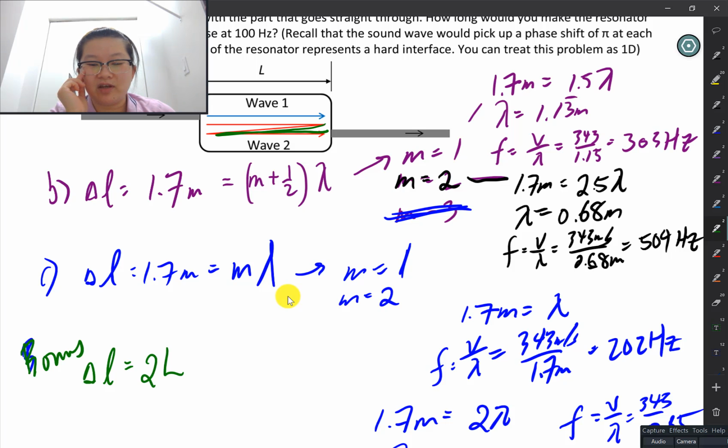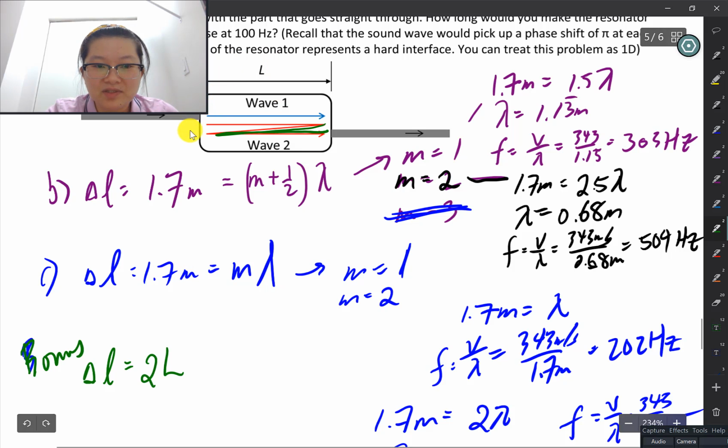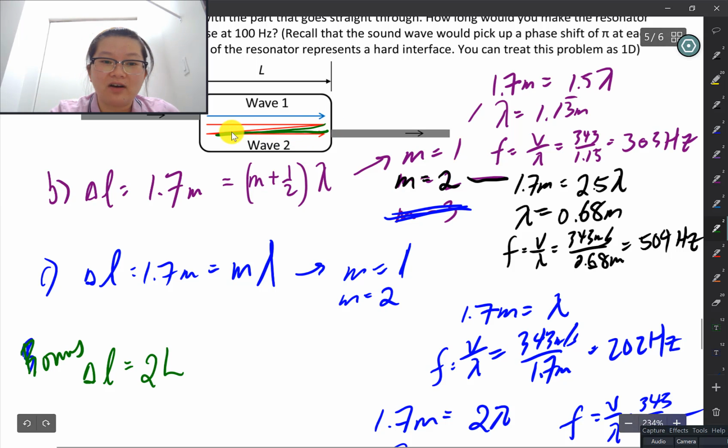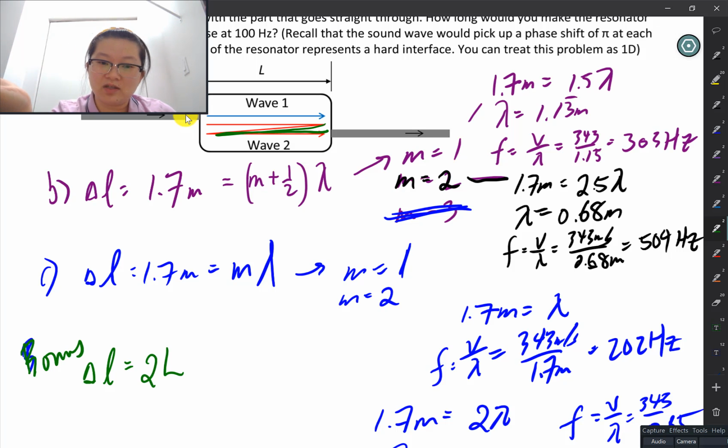We also want destructive interference. So we just got to be careful here, because if I have a wave that comes out of here and reflects back, it's going to undergo a phase shift of a pi. But it's going to reflect off the back end, which then it will also undergo another phase shift.